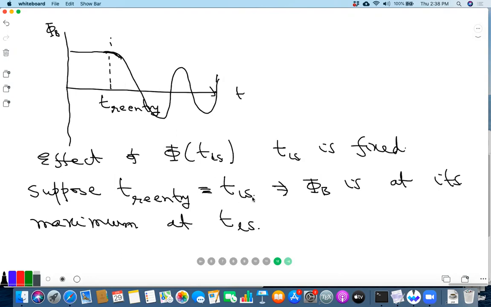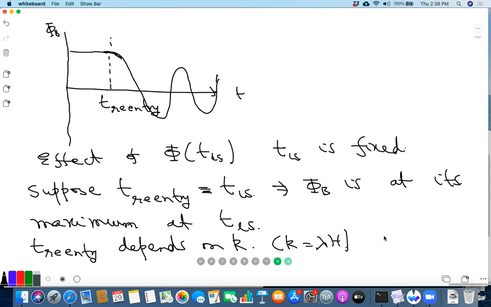Now, as I said, TLS cannot be varied, but T re-entry depends on K, because it solves this K equal to lambda H equation. Lambda depends on time, and H also depends mildly on time. So T dependence is here. That's what makes T re-entry K dependent.